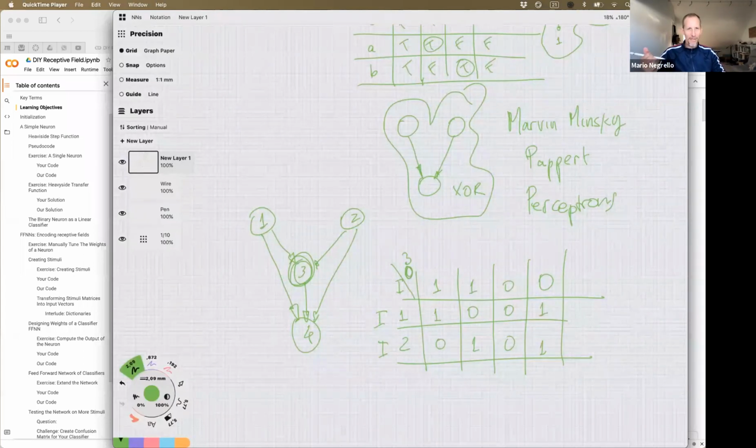But I can give you one hint. XOR is basically the OR function without the AND function. So whenever both of the inputs are active, you want to negate the output.